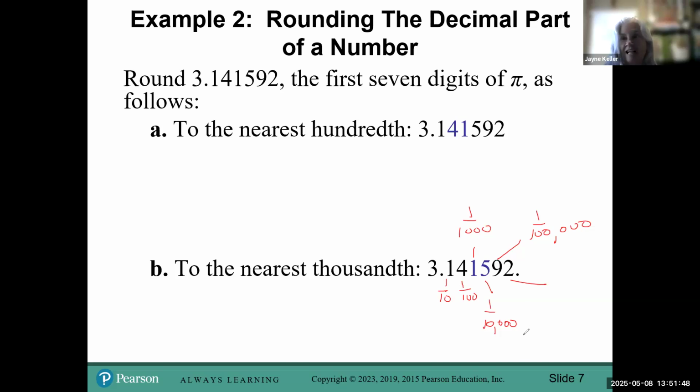So to round pi to the nearest thousandth, that's this. Whoops, I went too big. Let me try that again. Okay, that's this digit, right? Tenths, hundredths, thousandths. Another way, Rachel, to think about this is if you count how many places over you go.